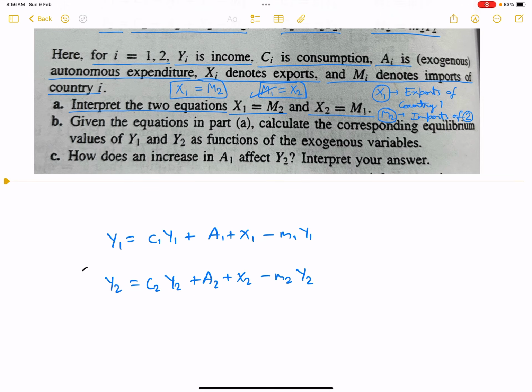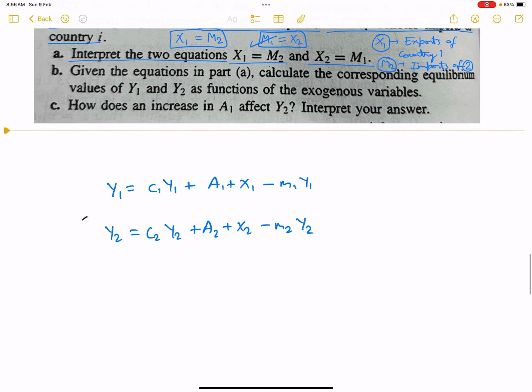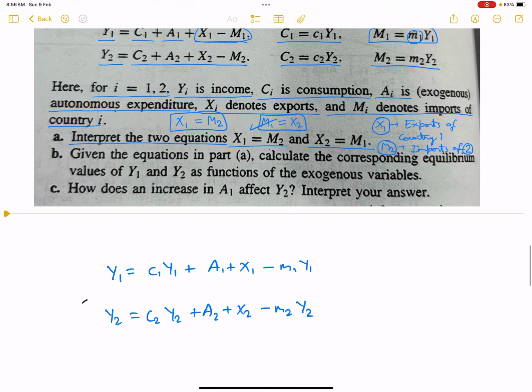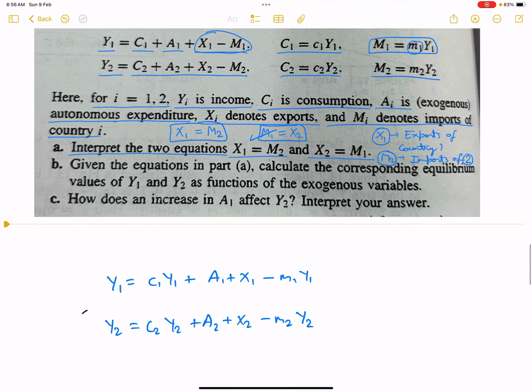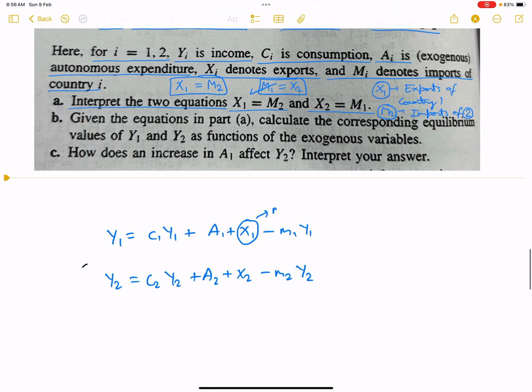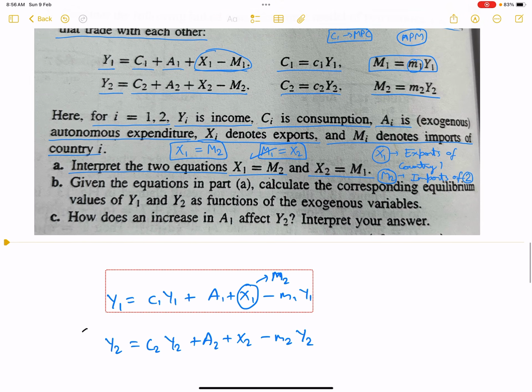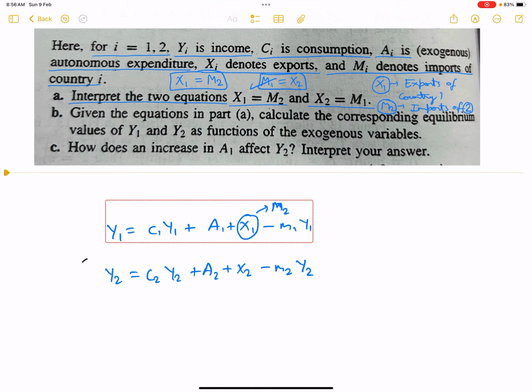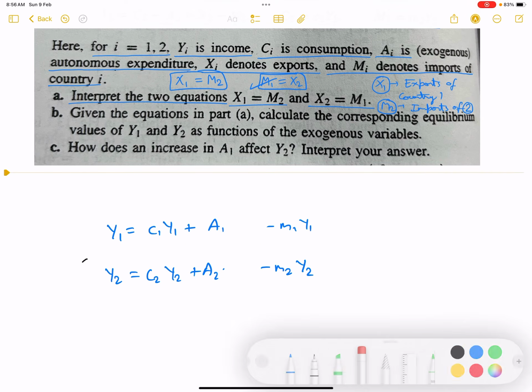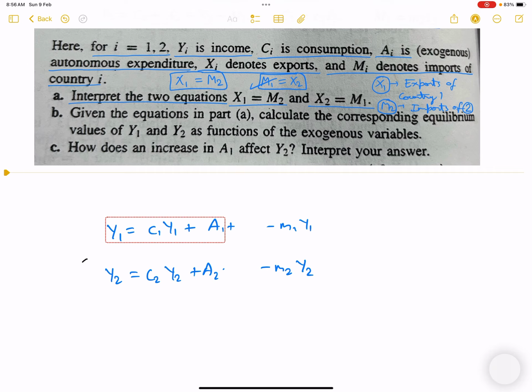Now x1 was m2, because it was already mentioned that x1 is m2. Since x1 is m2 in equilibrium, this becomes plus m2 y2.